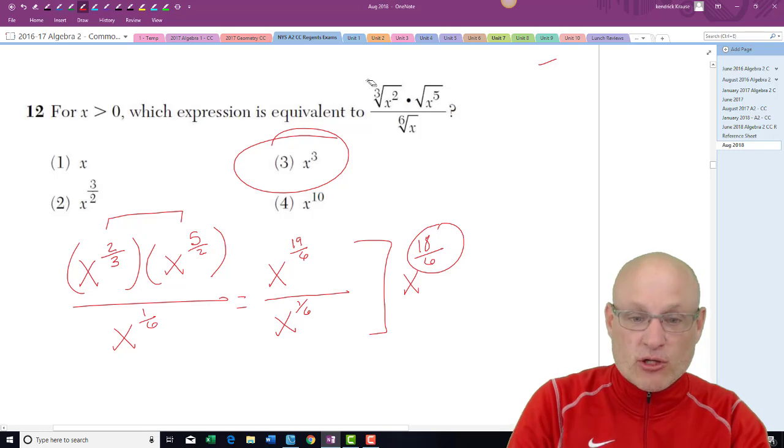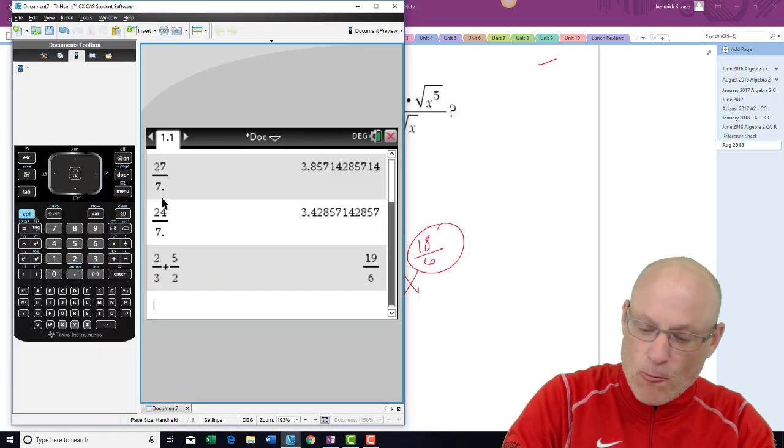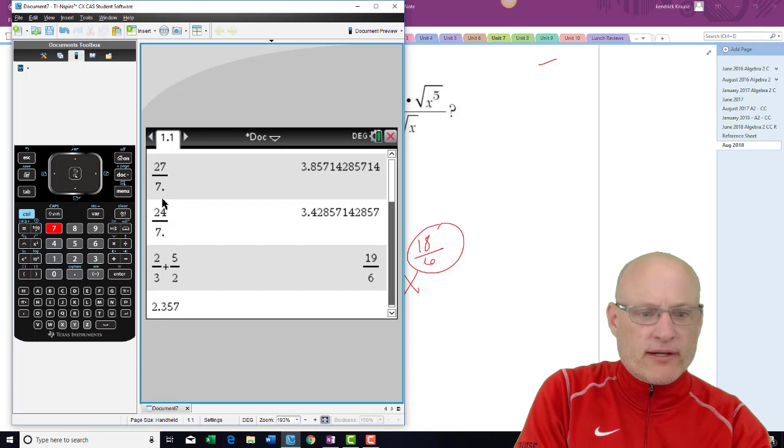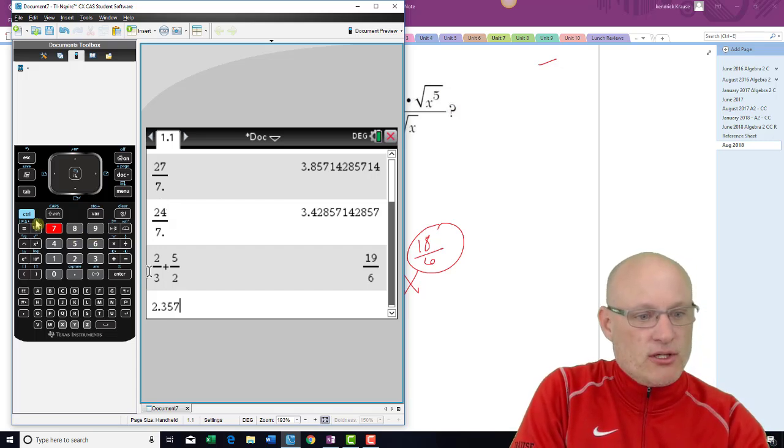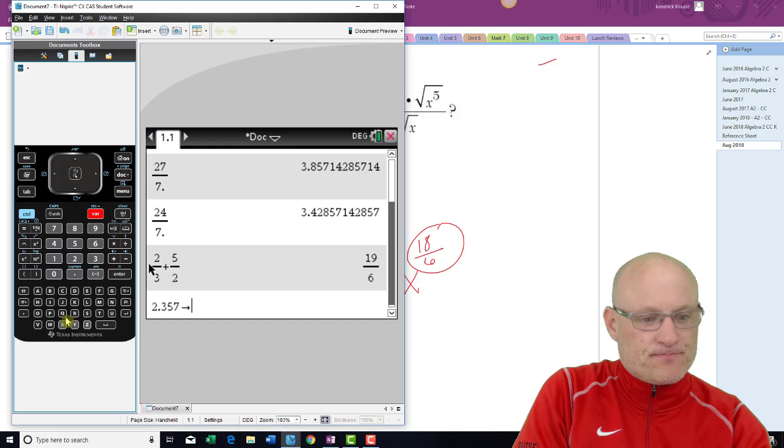What we're going to do is pick any random crazy number for x. Don't pick any normal number. 2.357, look at that, all primes. Store that into x.